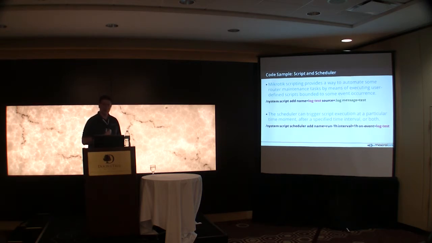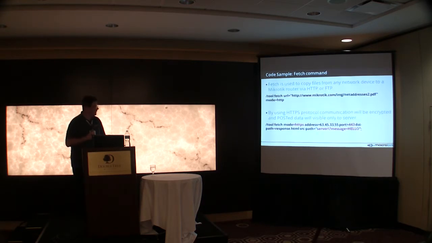Pretty much any command that you can execute on the board, you can save and store in a script, and then use what we call the scheduler to execute it at a specific time or period of time. What we have downstairs is a system script schedule. It's creating, every hour, a run of that script, and every hour we will get a log message with the content test. So that's a basic start.